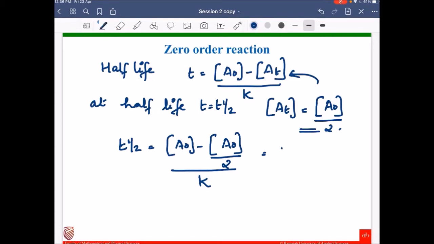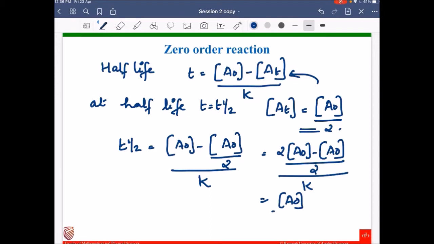So we can write like this: 2 of A0 minus A0 divided by 2 divided by K. 2A0 minus A0, A0 by 2K.